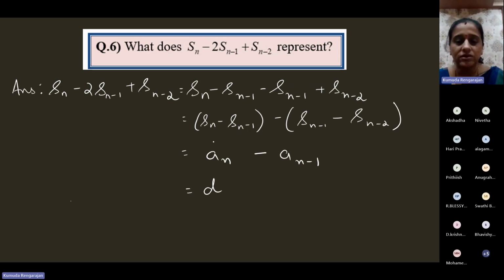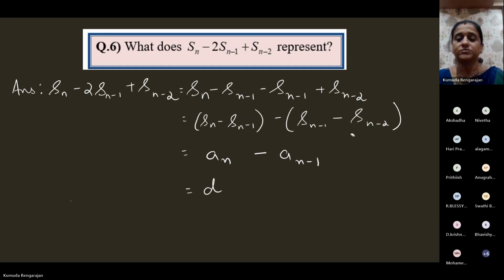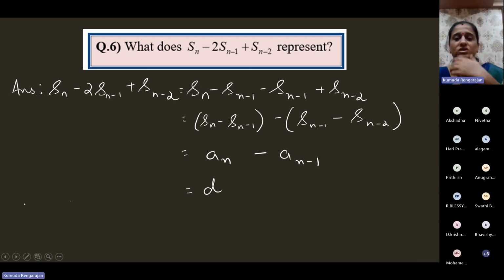I'll explain this. We'll understand how this is equal to this and how this is equal to this. This is mostly a 1 marker.